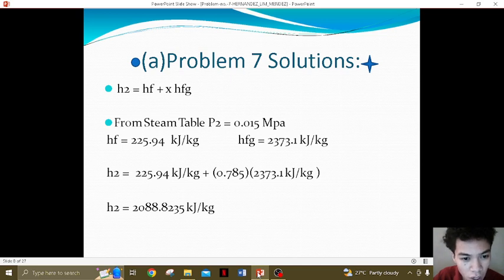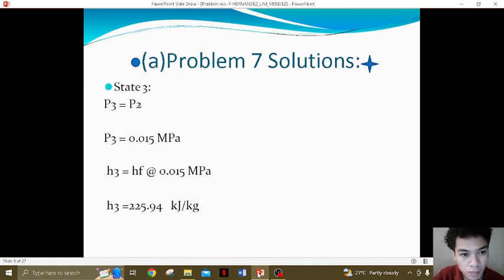Then your H2 is equal to 225.94 kilojoule per kilogram plus 0.7785 multiplied by 2373.1 kilojoule per kilogram. You'll have the answer of H2 equal to 2088.8235 kilojoule per kilogram.